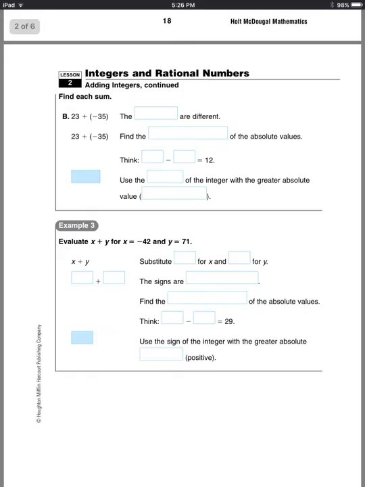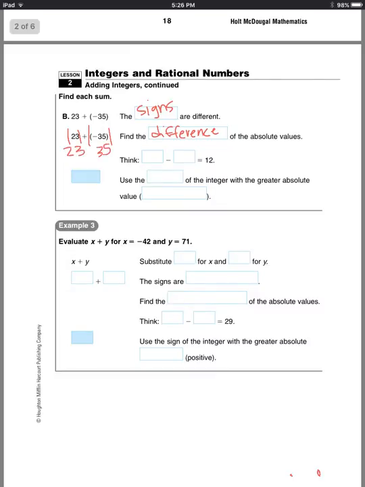So on B, again, the signs are different. I don't know why it's not writing, because my arm was touching at the bottom. The signs are different, so we're going to find the difference of the absolute value. Okay, so we're going to find the absolute value of 23, we're going to find the absolute value of -35. So we have 23 and 35.